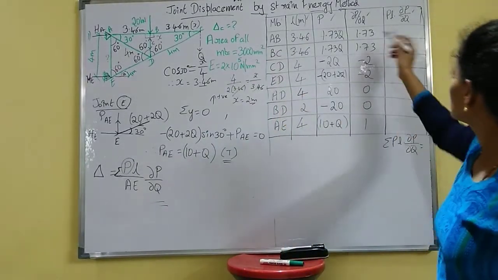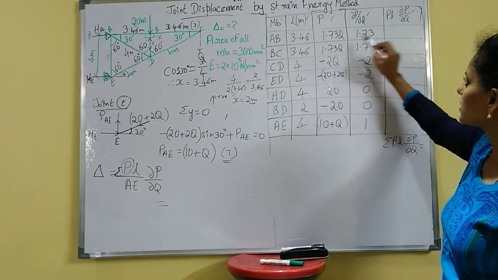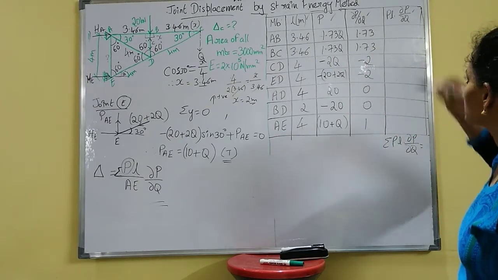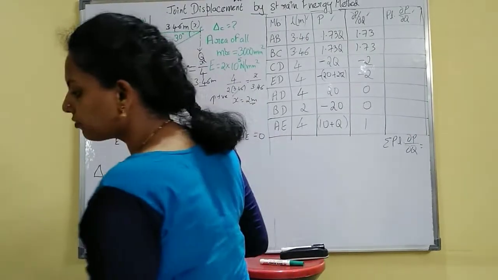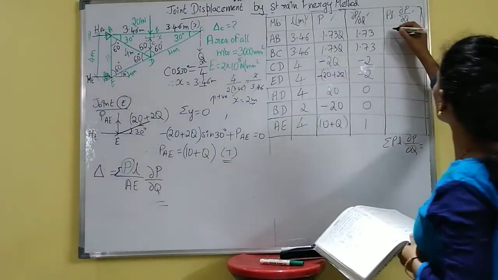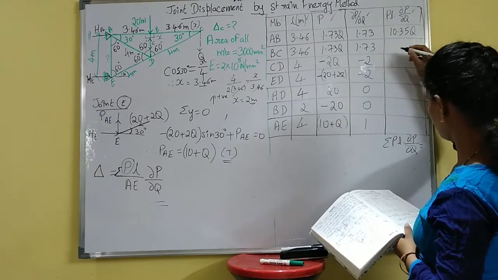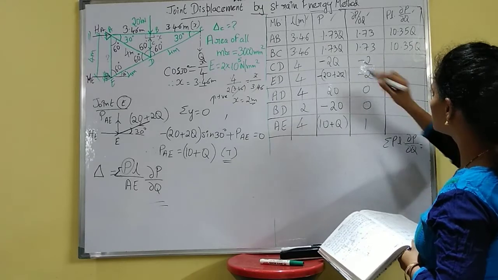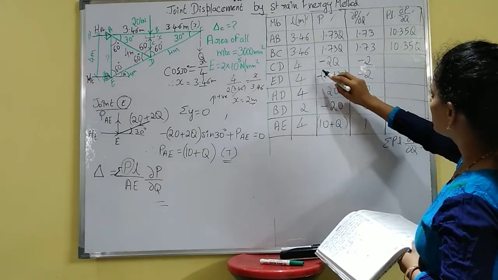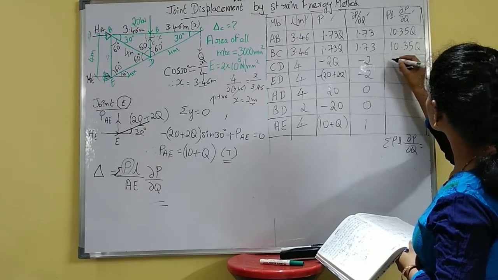Is it clear? Now just multiply 3.46 into 1.73 Q into 1.73 and get the value. So multiply all the columns and get the total value. You will have 10.35 Q. This also same it is. So 10.35 Q. Here you have 4 2s are 8, 2s are 16. So minus into minus it will be plus.